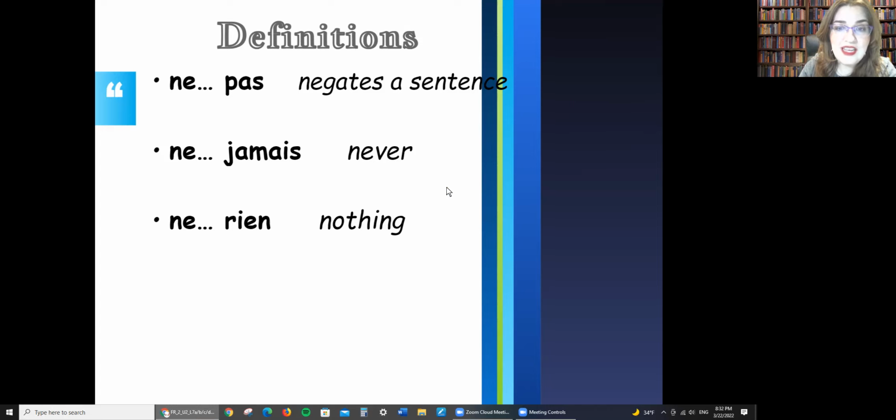So here is another negation expression, and of course what replaces these dots between the ne and the pas and in the jamais and the ne and rien? It's the conjugated verb. Another negative expression is ne personne, no one. So here we go, ne pas, ne jamais, ne rien, ne personne.